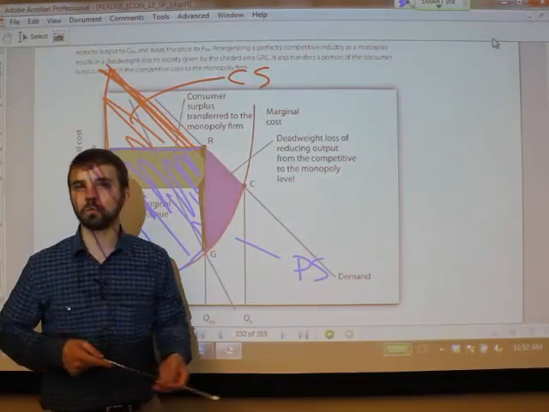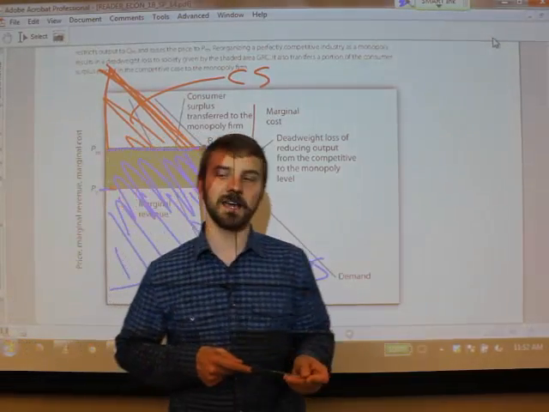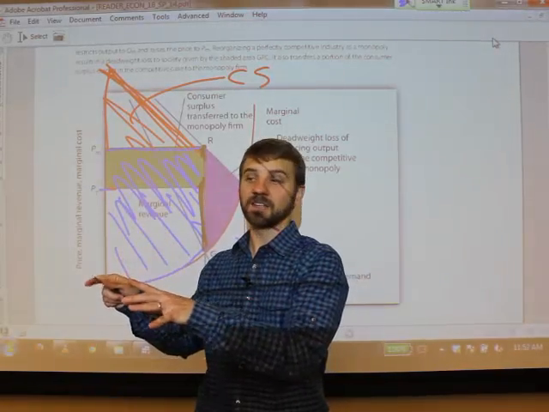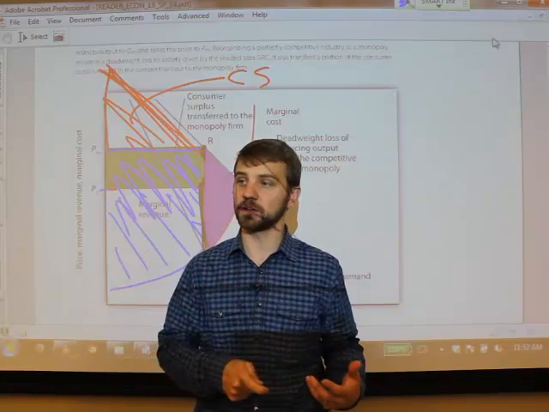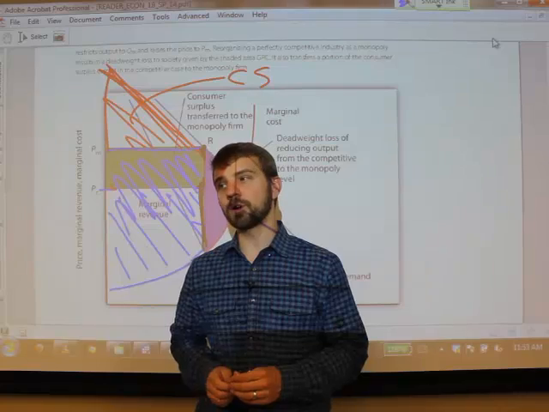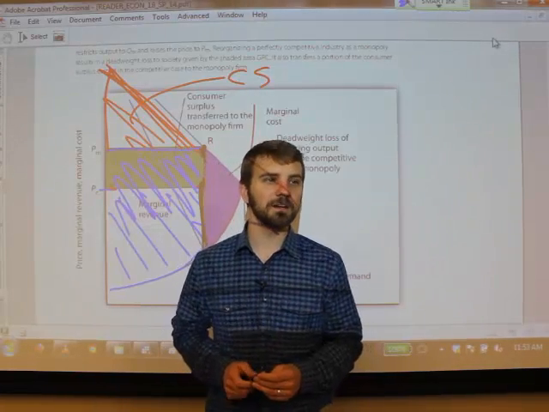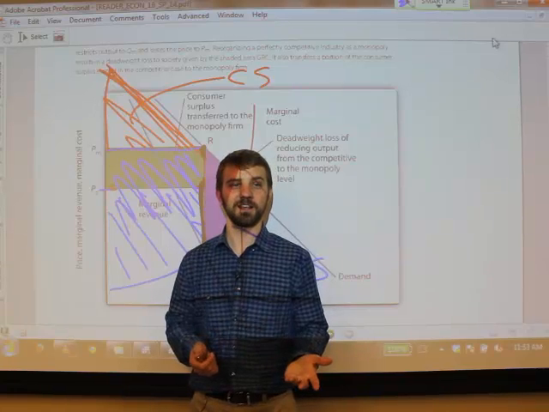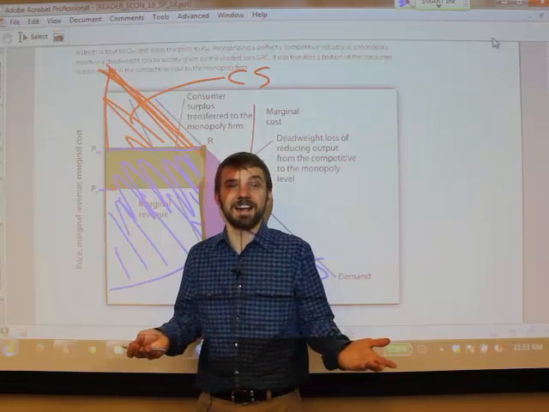Now there are two ways of thinking about this. One is that, yes, the consumers are the little guys, the firms are the big guys, and so the big guys are taking surplus from the little guys. That might be true. On the other hand, it's important to keep in mind that in a modern capitalist economy, who owns these firms? The shareholders, right? And who are the shareholders? Some little guys are shareholders, right?